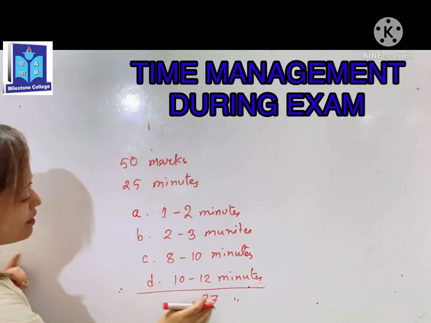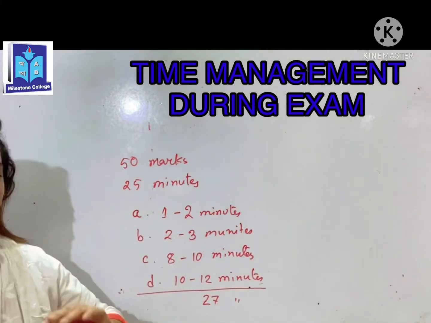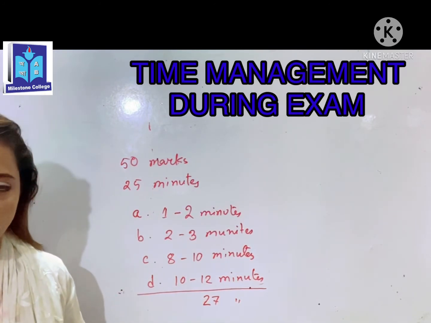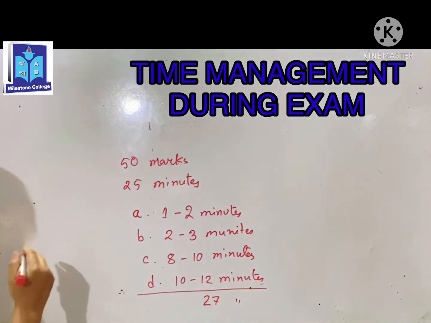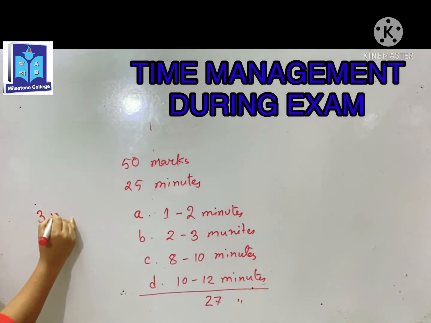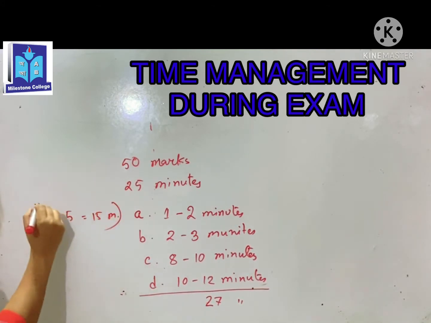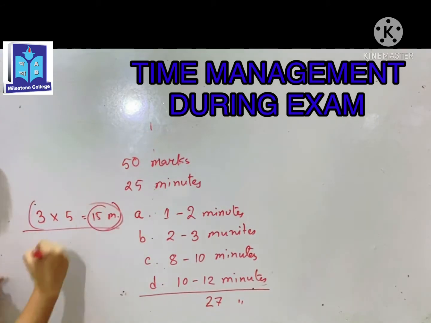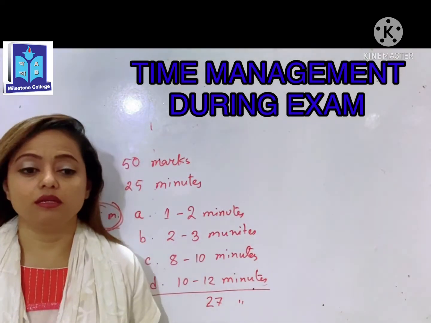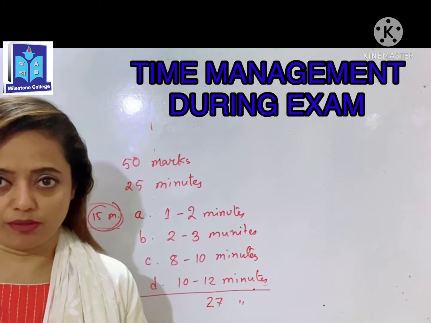So within these 27 minutes you can cover the whole answer for one creative question or one CQ. In total you are saving 3 minutes per question. 3 fives are 15 minutes, your bonus time, 15 minutes. So these 15 minutes you should utilize in revising the overall writing. That is the most important portion.